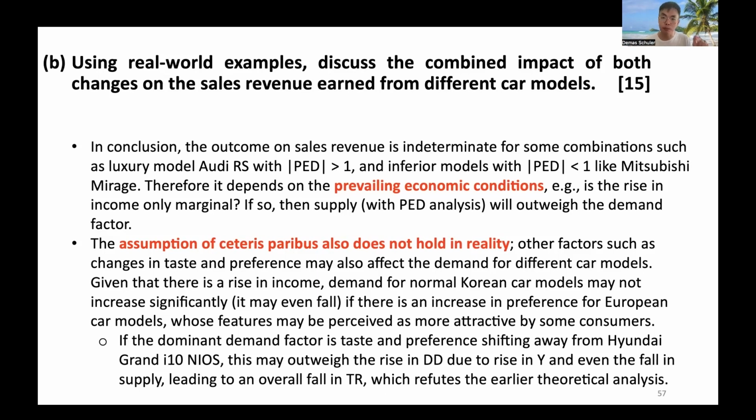Therefore, it depends on the prevailing economic conditions. So this is a well-defined criterion which you need for the evaluative component. For example, is the rise in income only marginal? If so, then supply with PED analysis will outweigh the demand factor.